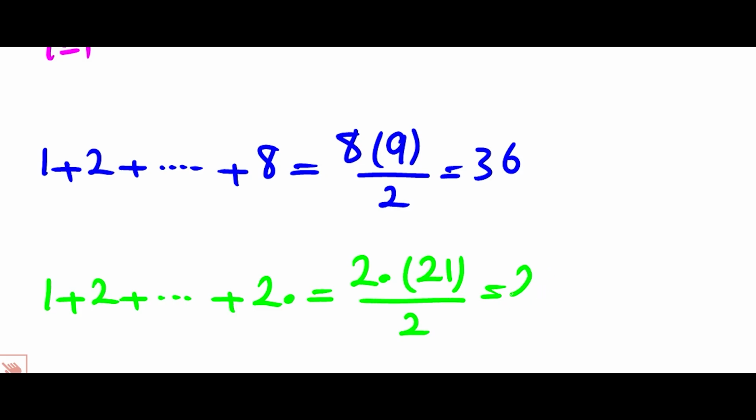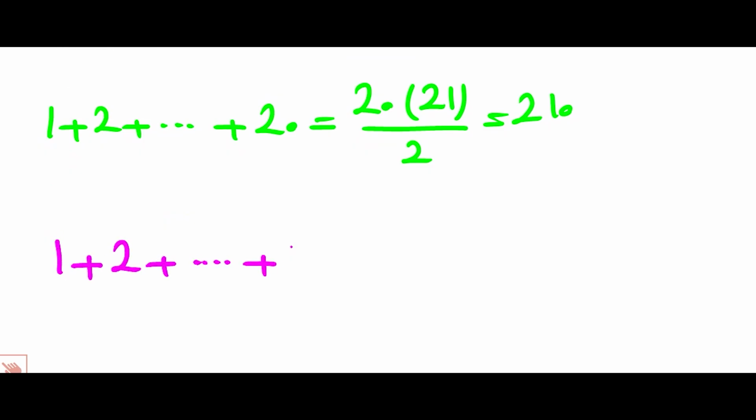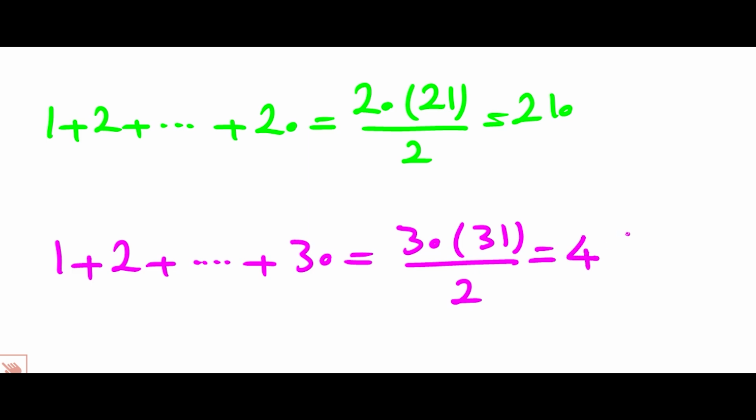So we have 210, right? Or, for example, 1 plus 2 plus up to 30 equals 30 times 31 over 2 equals 465, right?